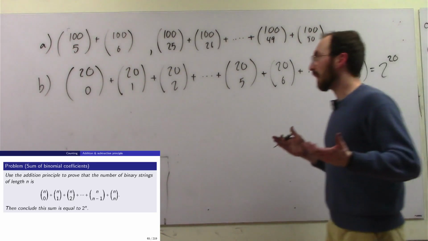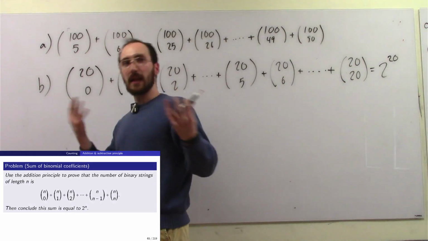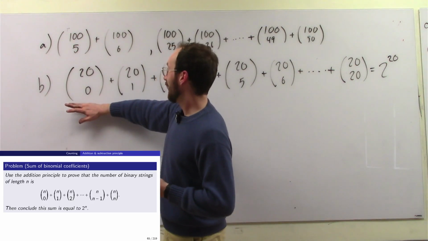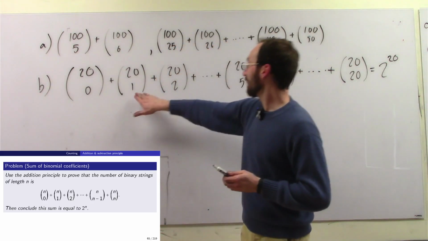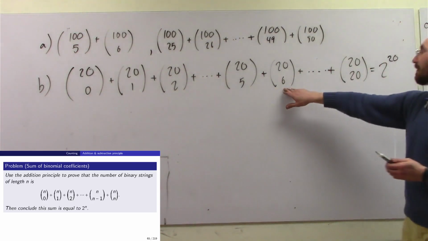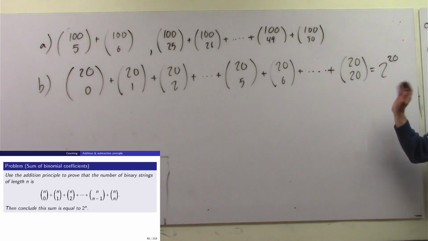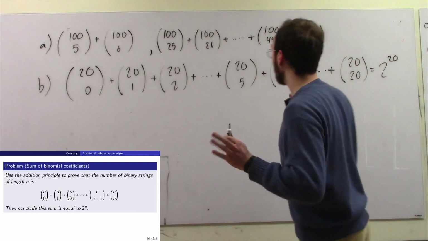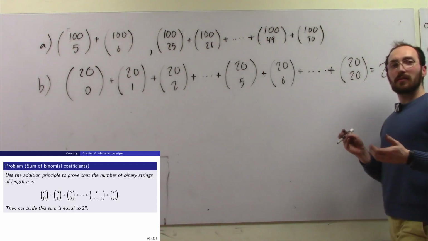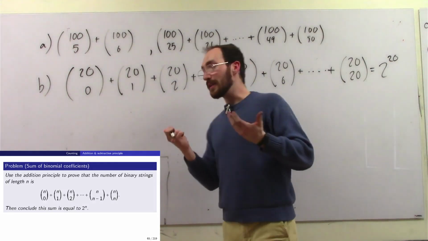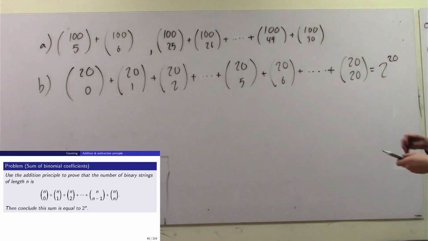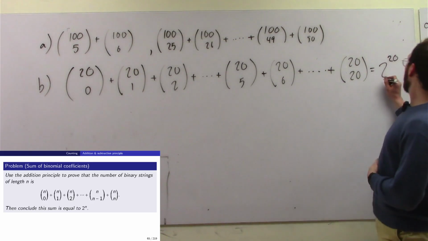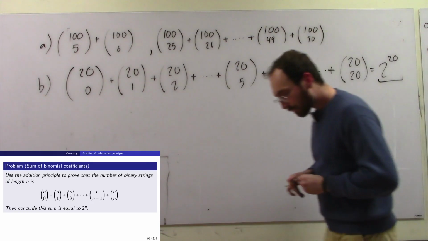This is saying binary strings with 0 zeros, 1 zero, 2 zeros, up to 20 zeros. I found one of the binary strings along the way and counted it. Another way to count binary strings is, at every point, do I have a 1 or a 0? There are 2 to the 20.